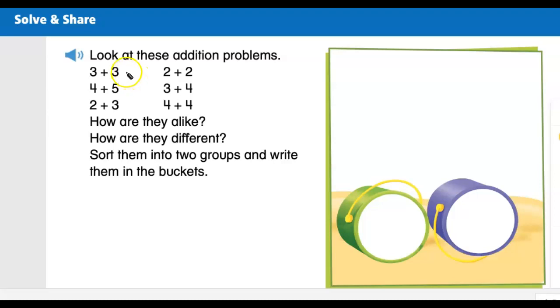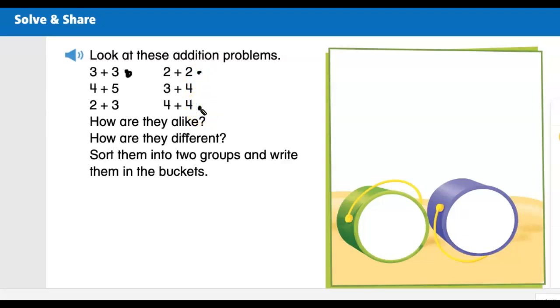So for example, 3 plus 3, that is a doubles problem. Do you see any others that are like that? 2 plus 2 is a double, and 4 plus 4.